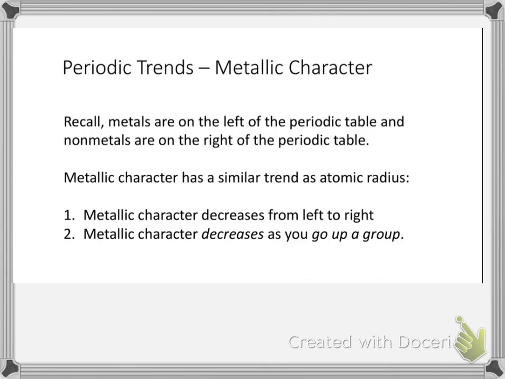And here is a really great takeaway. The trend is similar to the atomic radius. So that means the smaller atoms are in general non-metallic. The larger atoms have more metallic characteristics. I'll write that down.